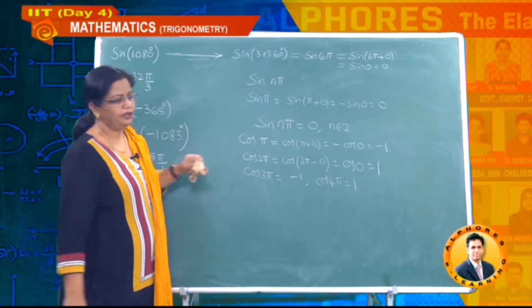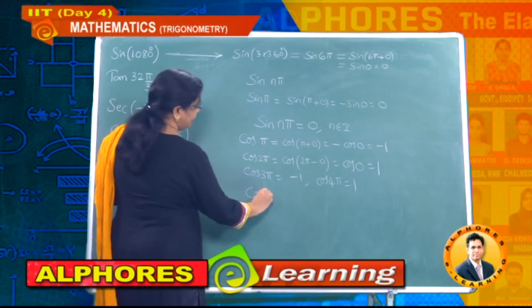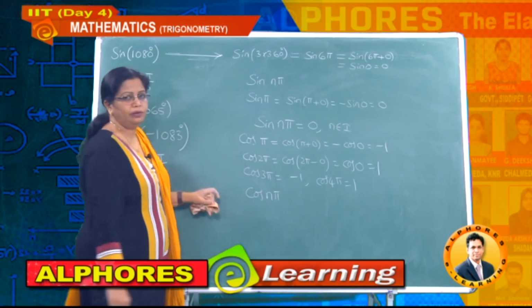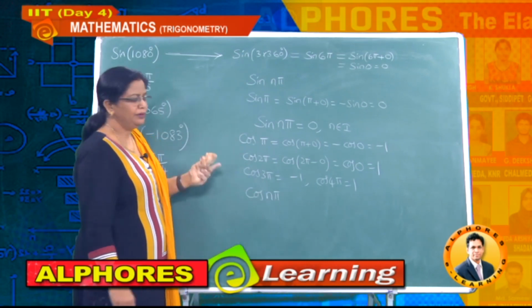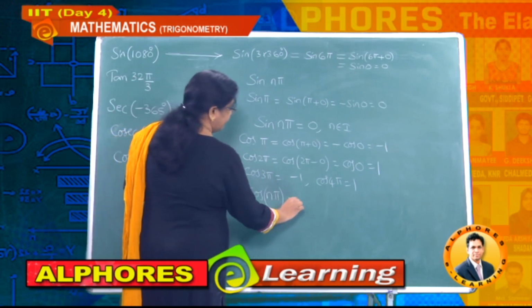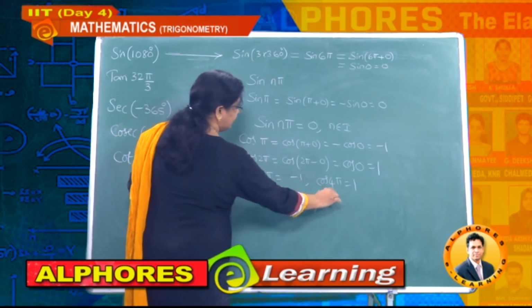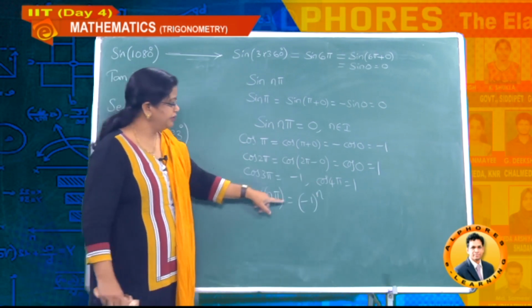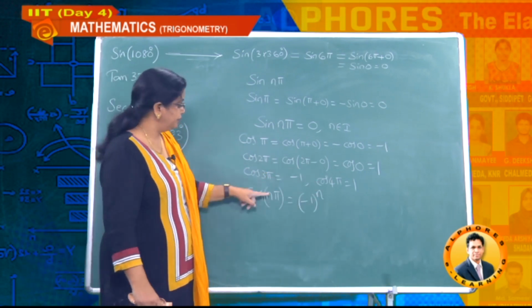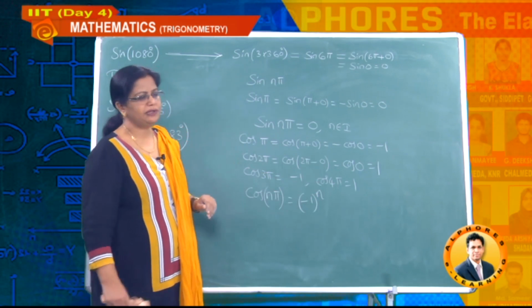So in general you can derive cos n pi, where n is any kind of integer, positive, negative or 0, is equal to minus 1 whole to the power of n. For odd values you can observe minus 1, for even values it is plus 1.